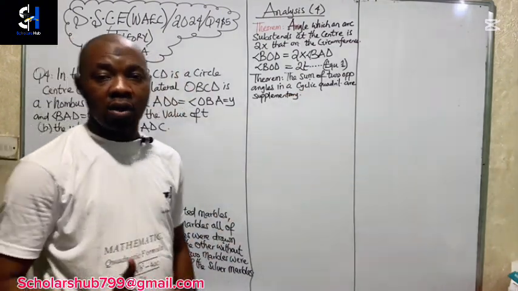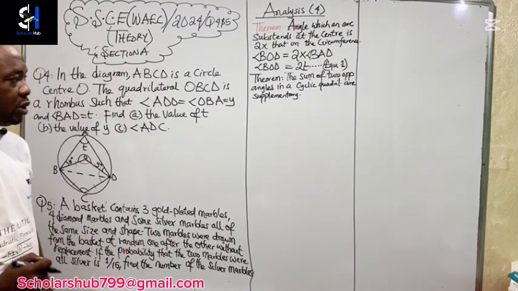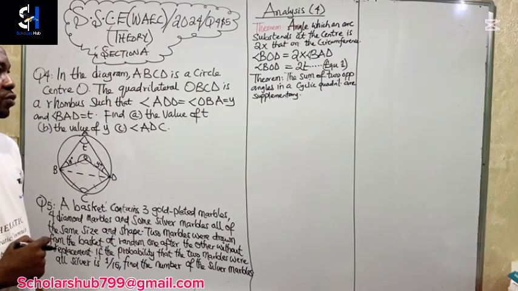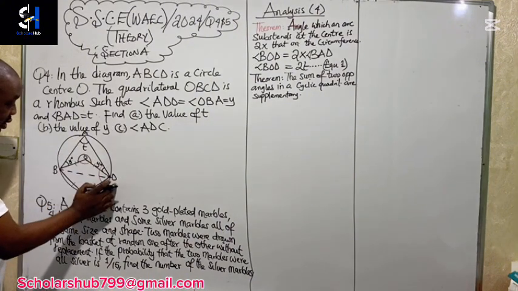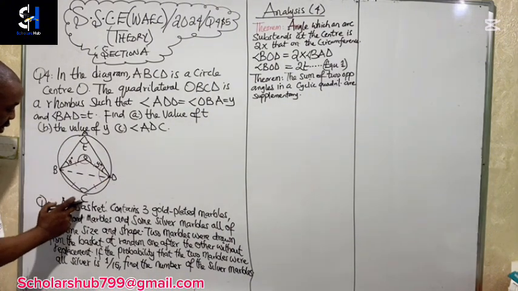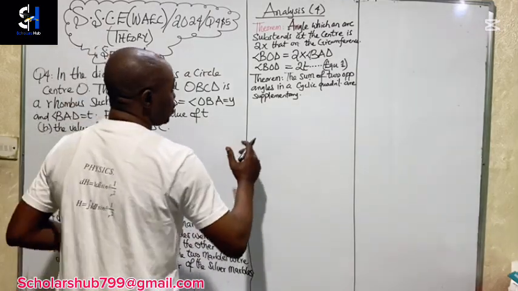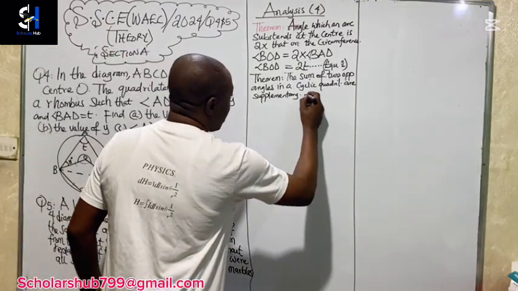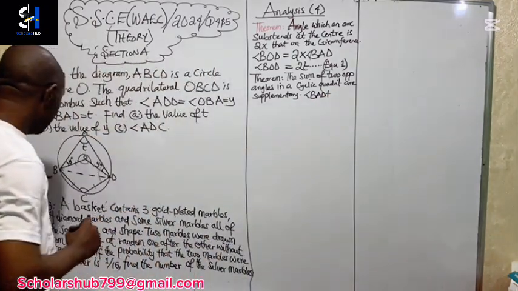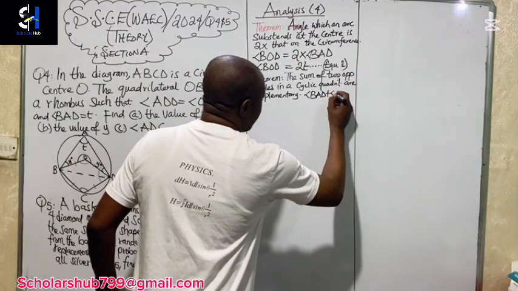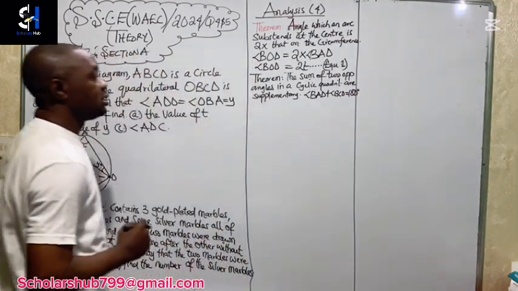Supplementary angles are angles whose sum adds up to 180 degrees. So it means BAD and BCD are opposite angles, which means we have angle BAD plus angle BCD equals 180 degrees.